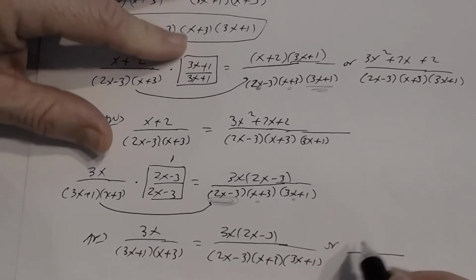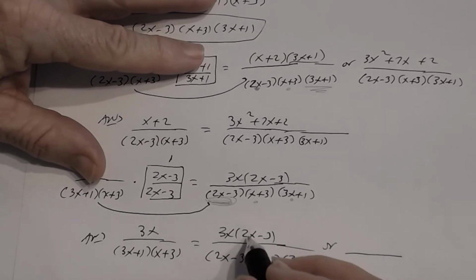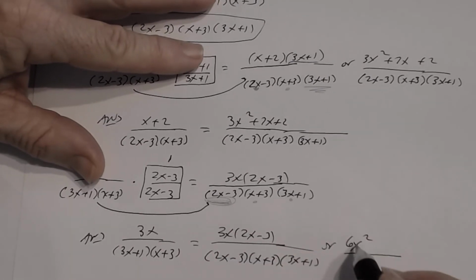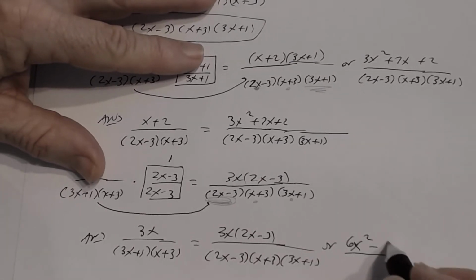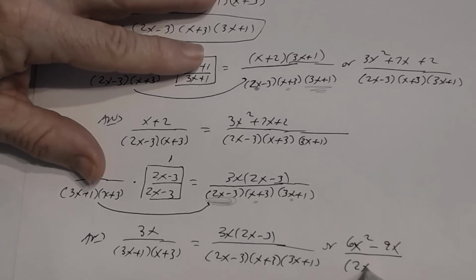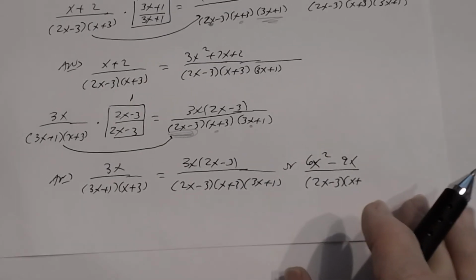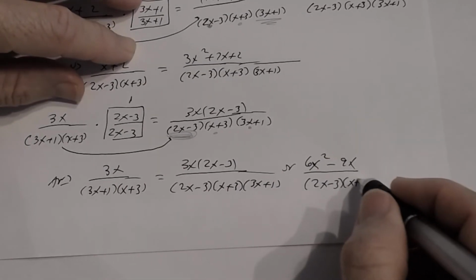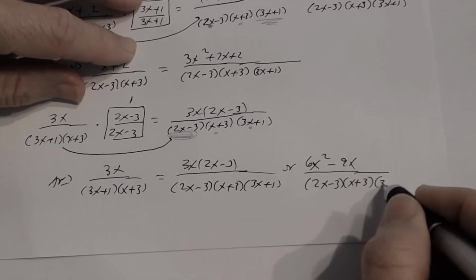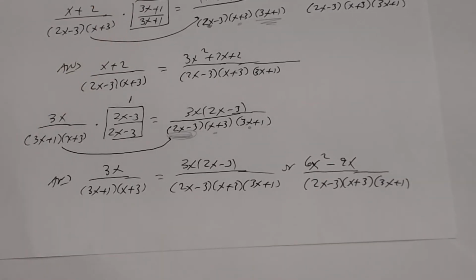So you can write the numerator as 3x times 2x is 6x squared, and then 3x times negative 3 is negative 9x. But always leave the denominator in factored form. You're going to see that in the next lesson. All right, so that was number 7. Let's look at number 8.